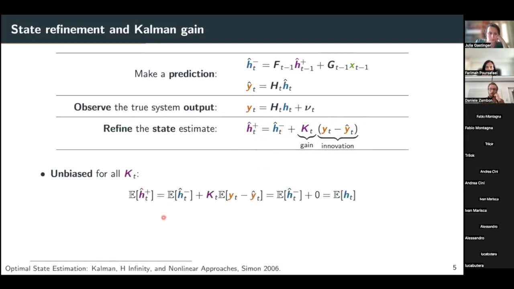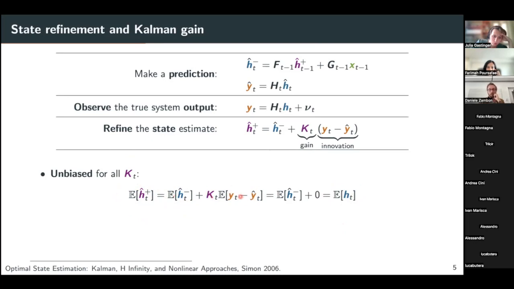What's really interesting is that we have that the a priori state estimate is an unbiased estimator of this quantity here. And it turns out that also the a posteriori state estimate is an unbiased estimator, regardless of the choice of k. Why is it so?